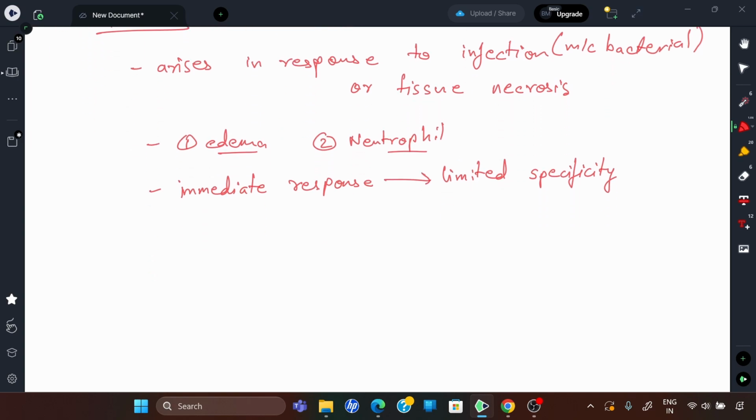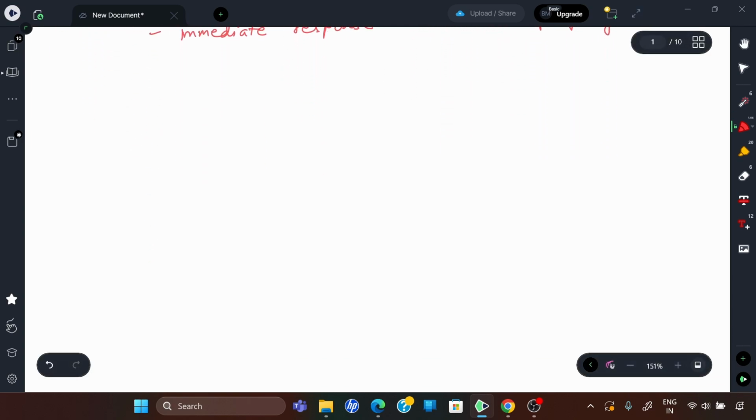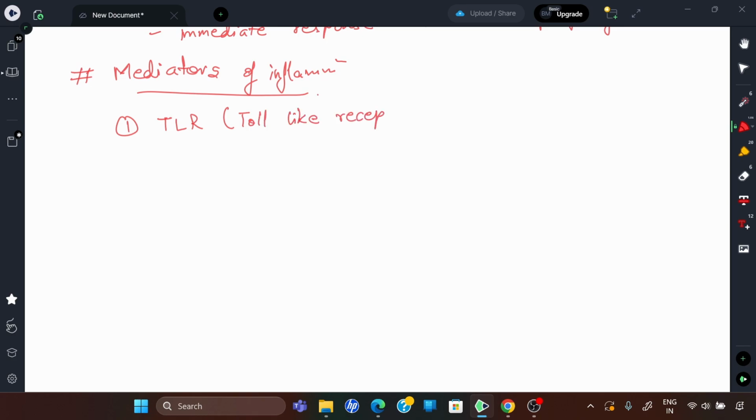Now we will be coming to the main focus of today's lecture, and that is the mediators of inflammation, right? So the first mediator we will be discussing is TLR, also known as toll-like receptors, right?